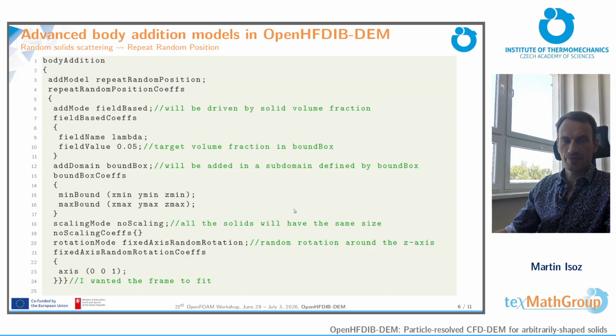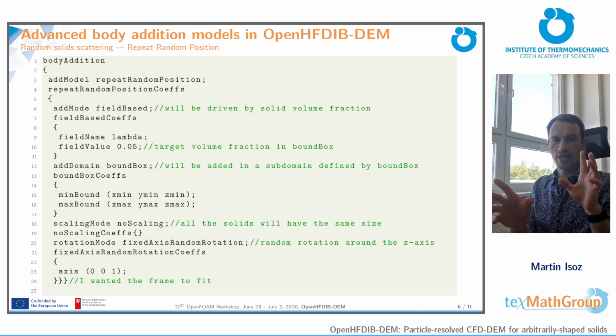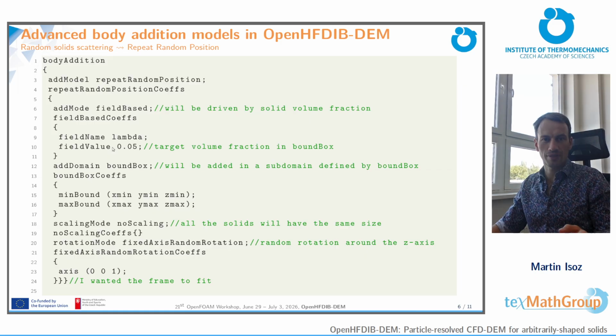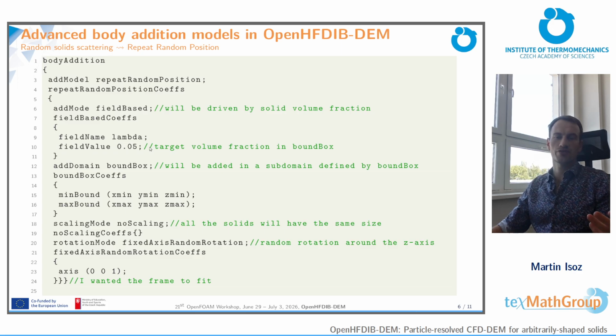With respect to these advanced body addition models that I mentioned on the previous slide, the one most used by us is this repeat random position, where the solids can be added repeatedly into the computational domain, in this case, for example, to fulfill 5% of target volume fraction of solid phase in some previously specified bound box.